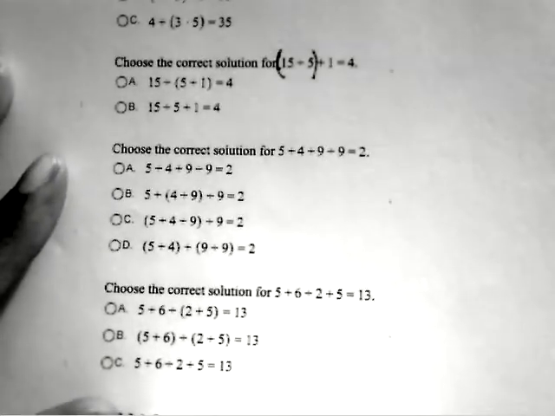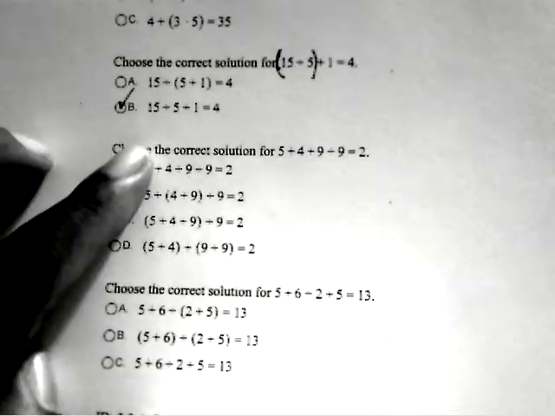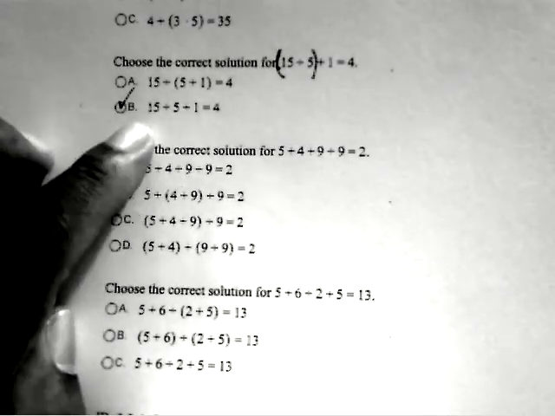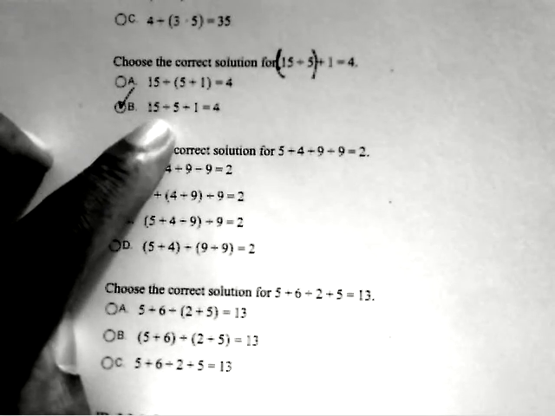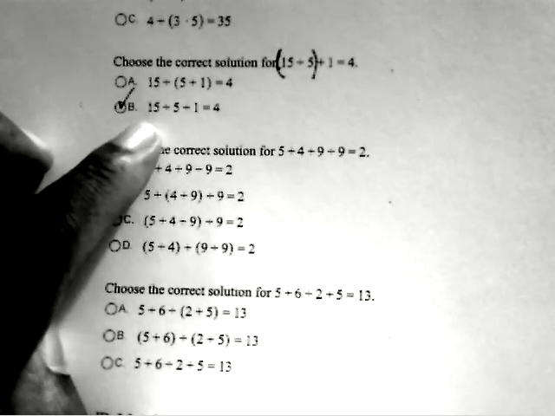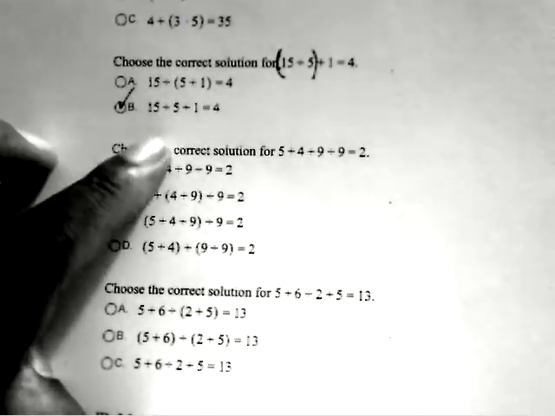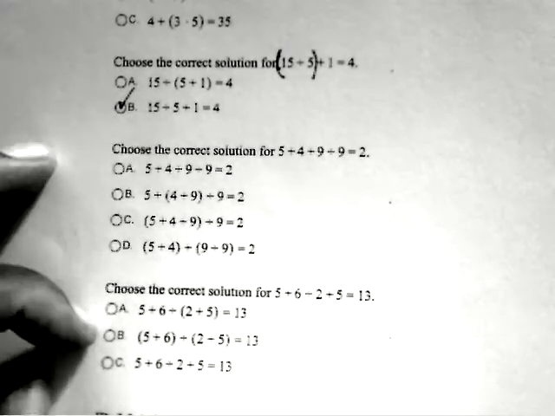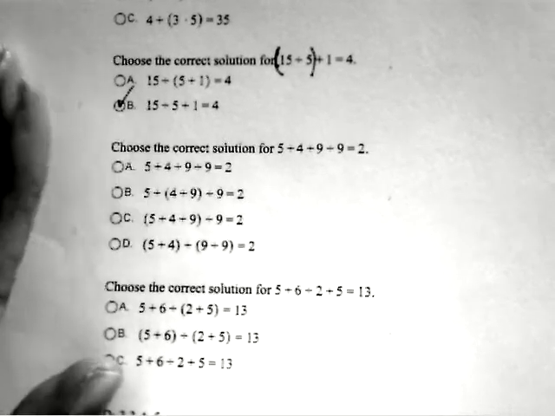Now, basically, I don't have to do that because even without the parentheses, order of operations will tell me to do the division first. So 15 divided by 5 will give me 3, plus 1, which will be 4. So this will be the correct answer without the parentheses. Here, the parentheses on the 15 divided by 5 would not be necessary.